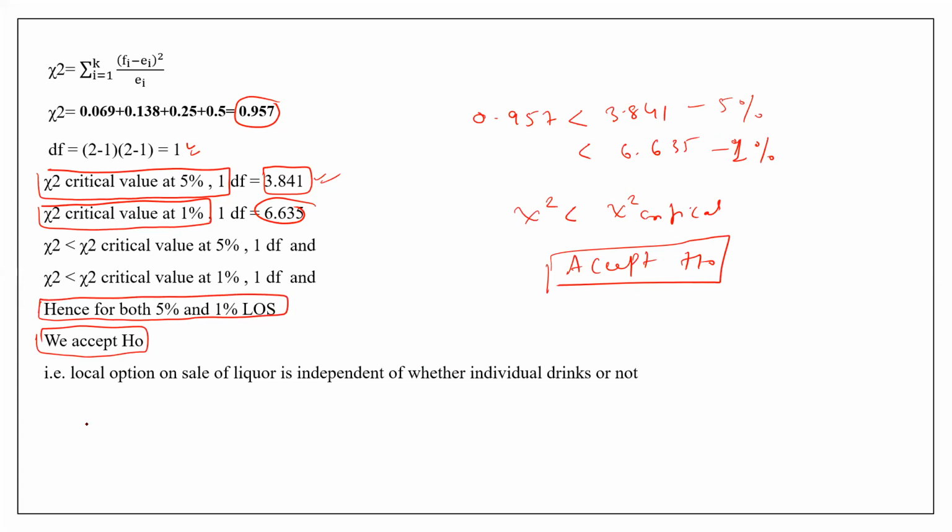So if your H naught is accepted, it means yes, the sale of the liquor is independent of whether the individual drinks or not. They are not dependent on each other. The sale of the liquor is independent of whether the individual drinks or not.